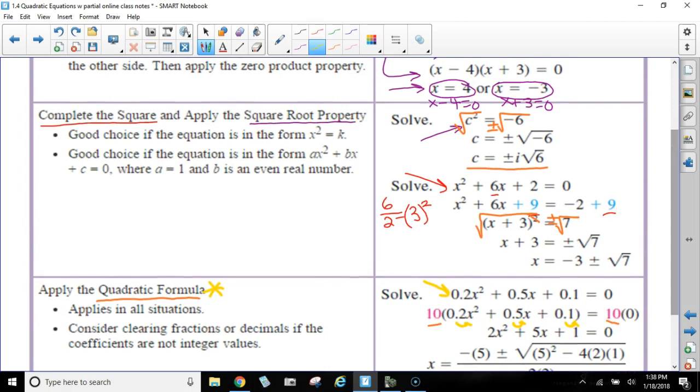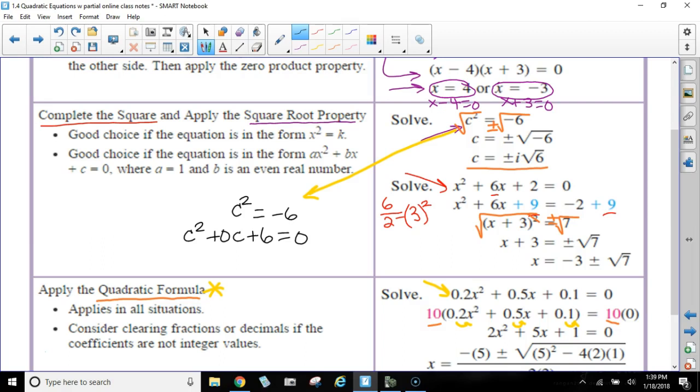If I have, for example, that example, c squared equals negative 6, I'm totally wanting just to do the square root property, even though c squared plus 0c plus 6 equals 0 is equivalent to c squared equals negative 6.